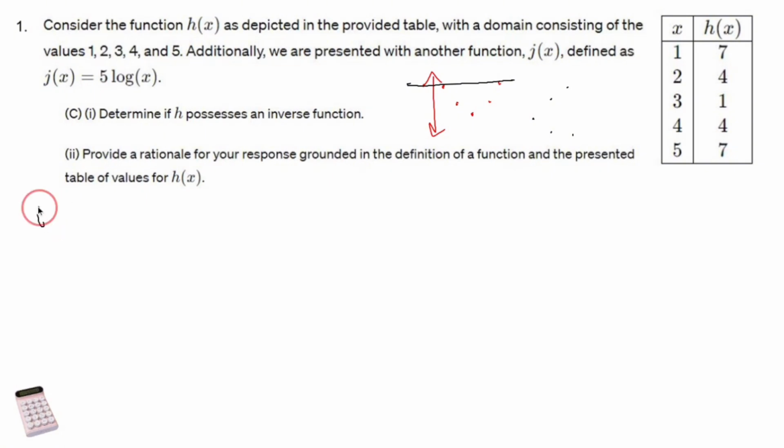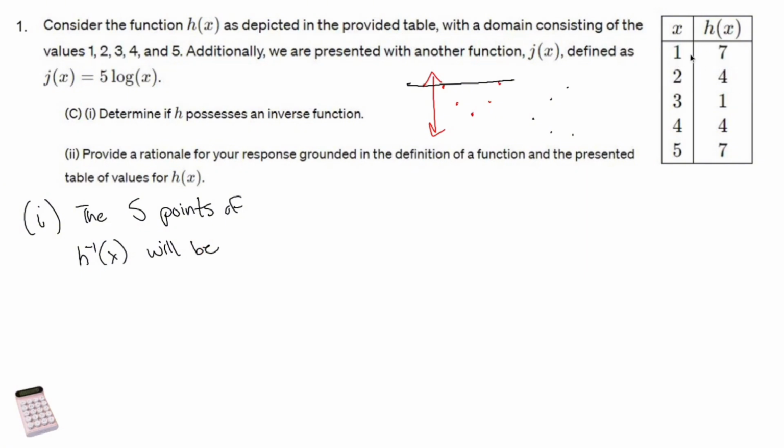We have the 5 points of H inverse of x will be, and I'll just take these and flip them around. So it's (1, 7), (2, 4), (3, 1).